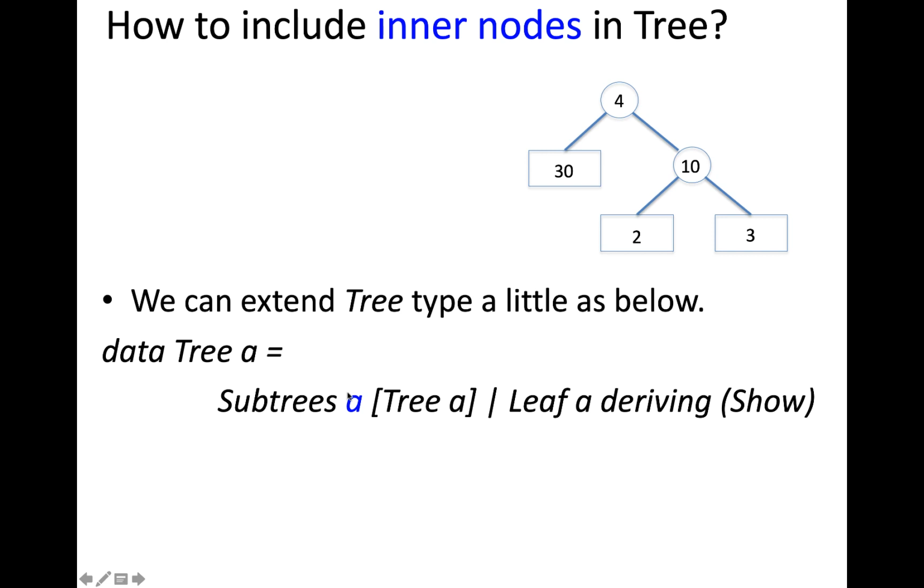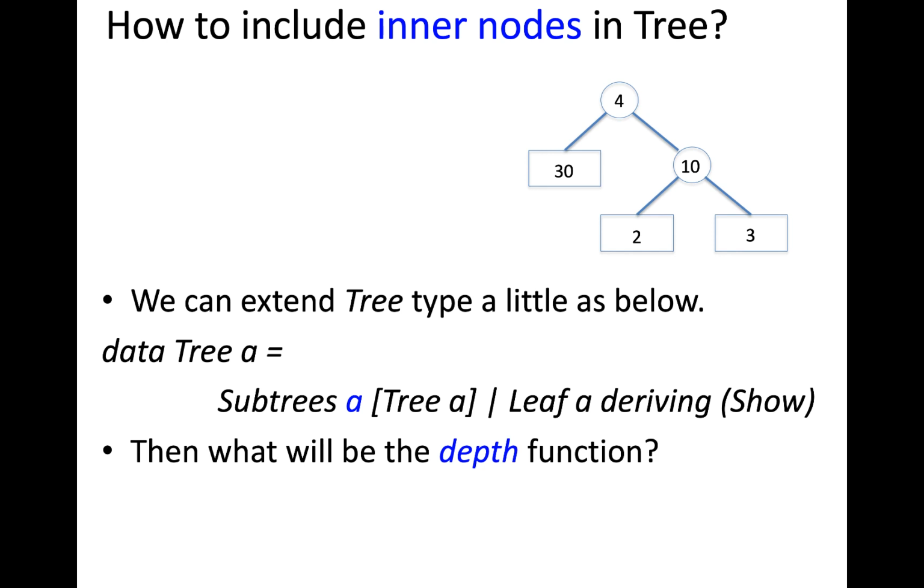Right, so it's very similar to what we had before, only one extra a here, which stands for the inner node's value. Okay, now let's see how the depth function for this newly defined tree type will look like.